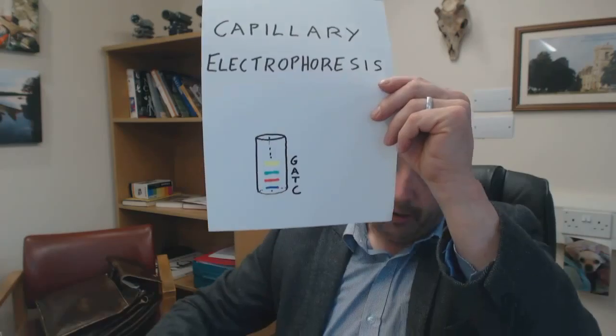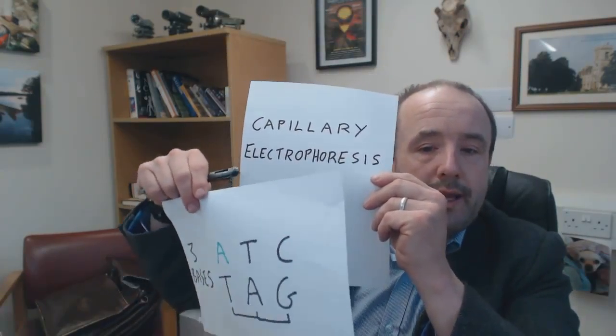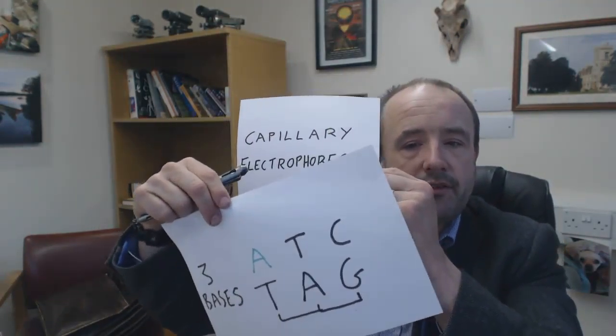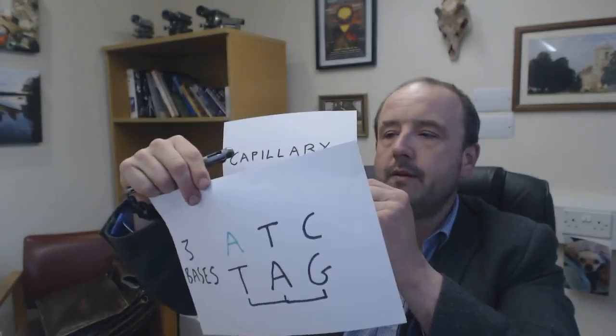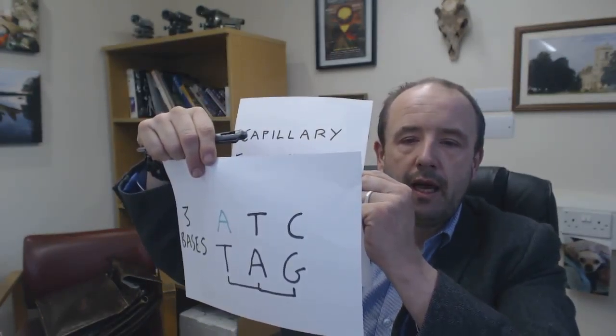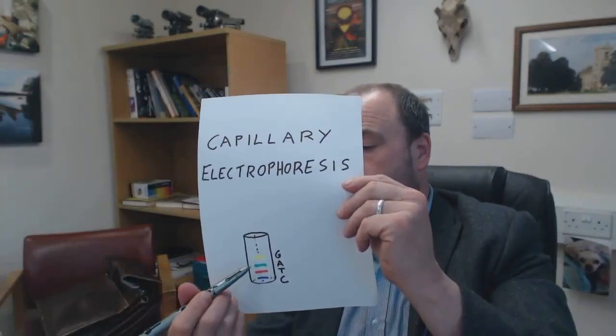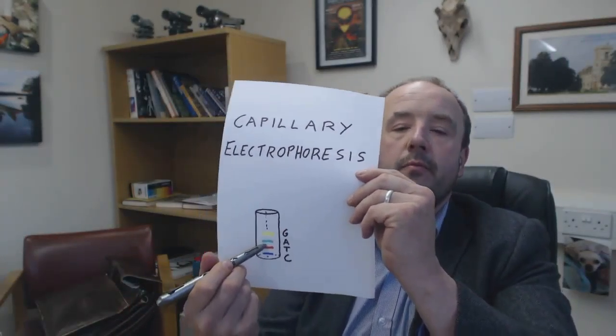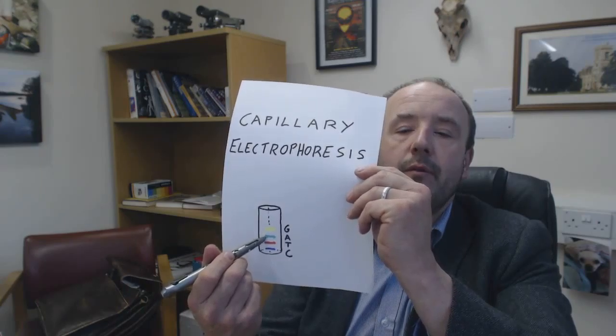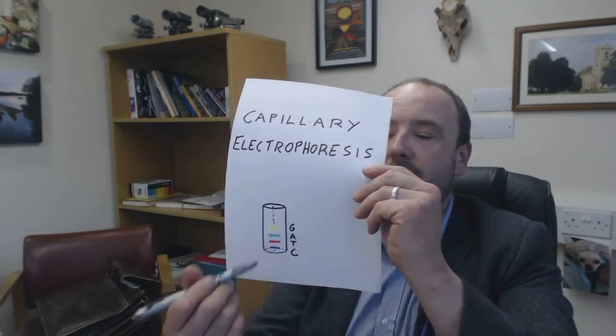then followed by our 3 base pair sequence, terminating in A. That will travel to this point in the gel. You can see where the green line is there.